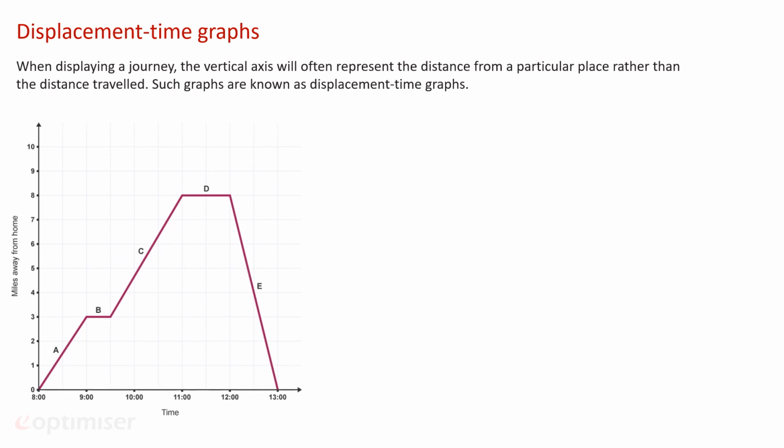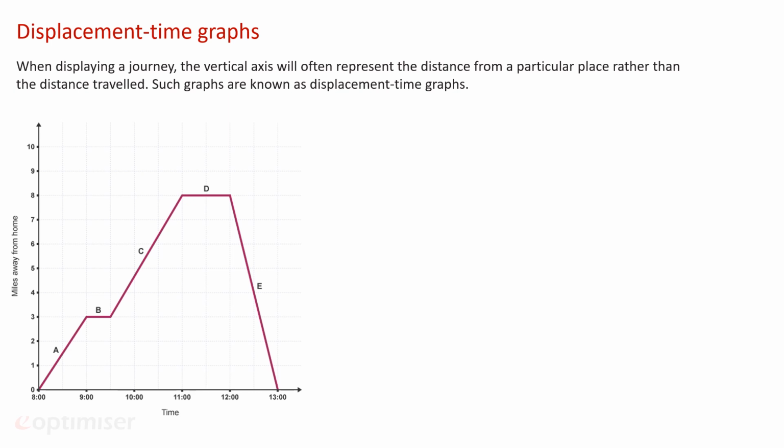They can give you this graph and then ask you a number of questions. At 8 o'clock you are leaving from home, then you are going away. At 9 o'clock you start to rest.